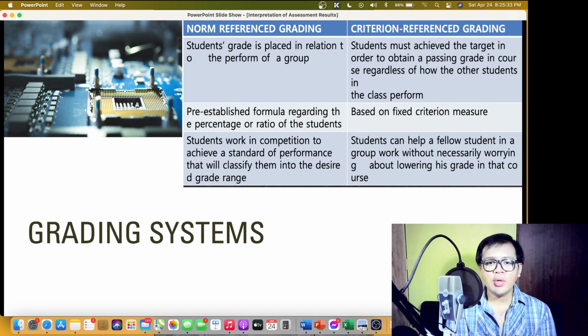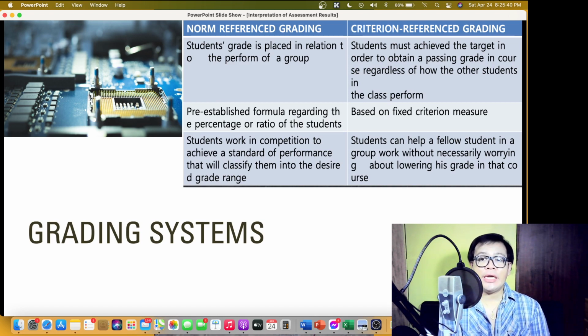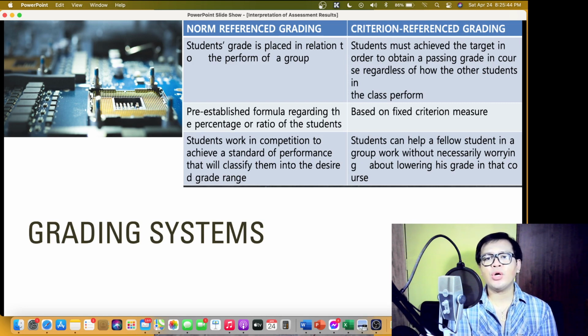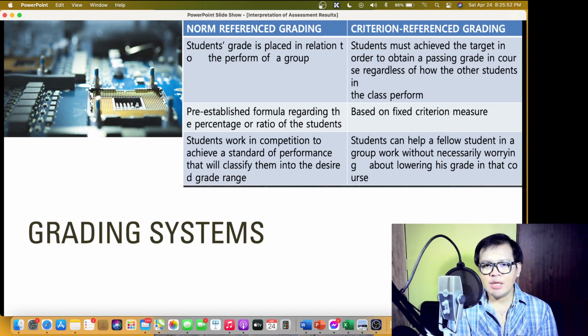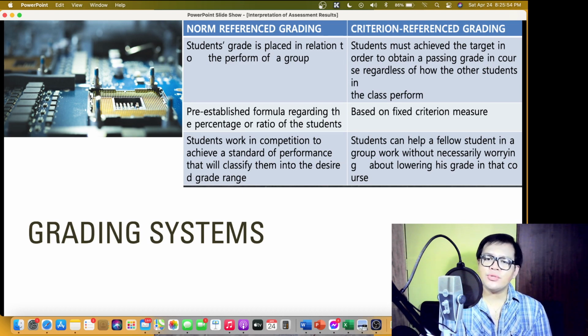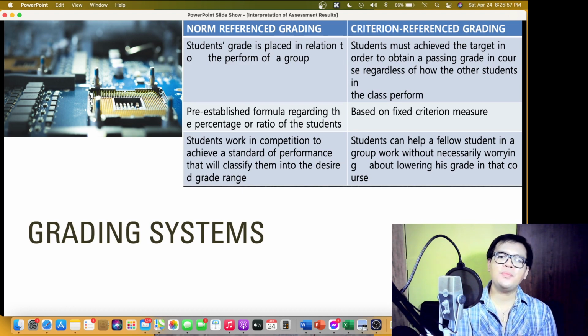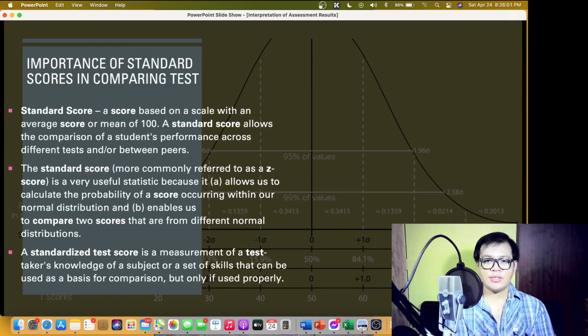At the same time, students work in competition to achieve a standard of performance that will classify them into a desired grade range. In criterion-referenced grading, on the other hand, students must achieve the target in order to obtain the passing grade in the course, regardless of how the other students performed in class. Based on a fixed criterion system, a student can help fellow students in group work without worrying about lowering his grade in that course.